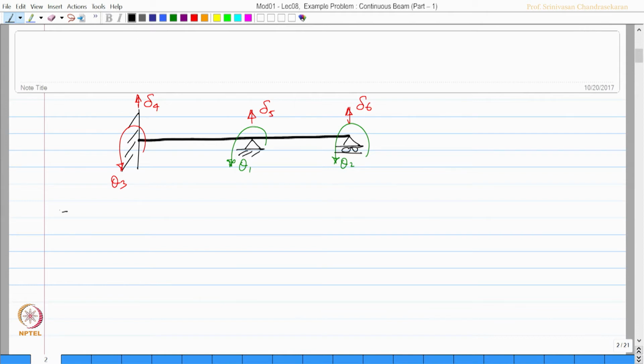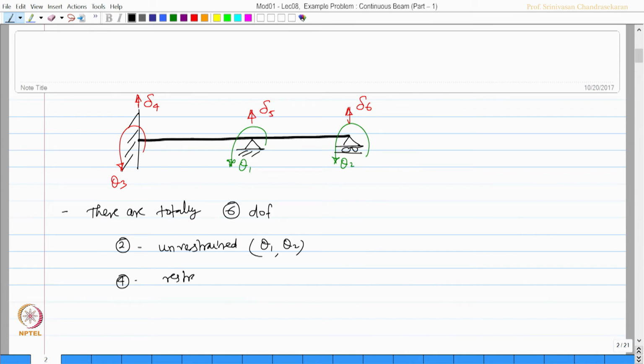The following hints are: there are totally 6 degrees of freedom, out of which 2 are unrestrained, which are theta 1 and theta 2. Remaining 4 are restrained, which are theta 3, delta 4, delta 5 and delta 6.